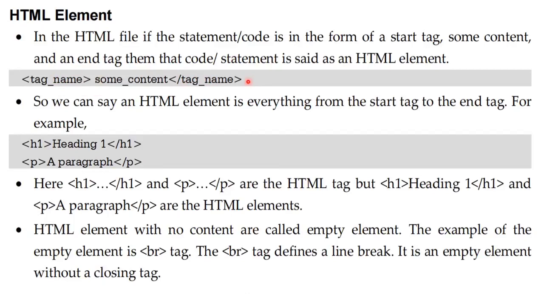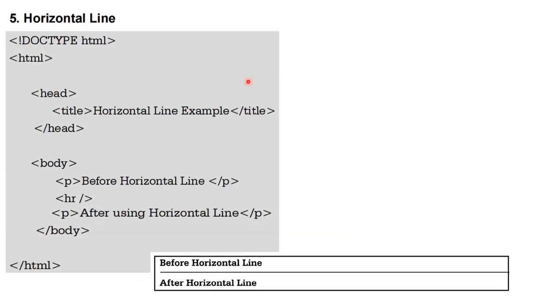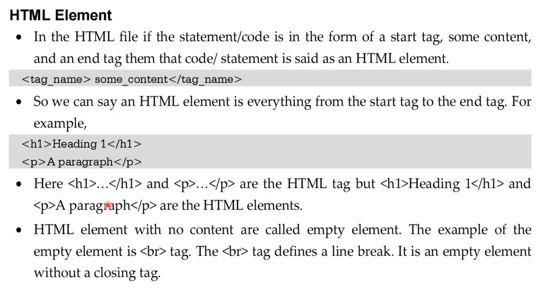An HTML element with no content is always an empty element. For example, see your paragraph tag. First the opening of the tag is given, next a content, next the closing of the tag. So this is what an element is.